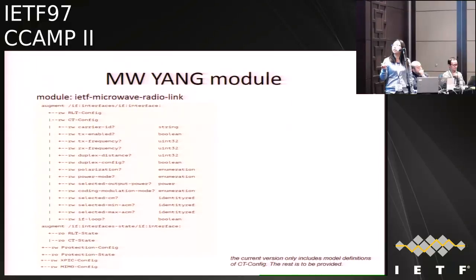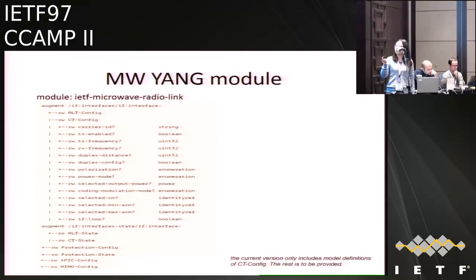So this version only includes the definitions for carrier termination config, and we will have several side discussions this week, trying to make sure we are able to finish the definition for the rest of the model.